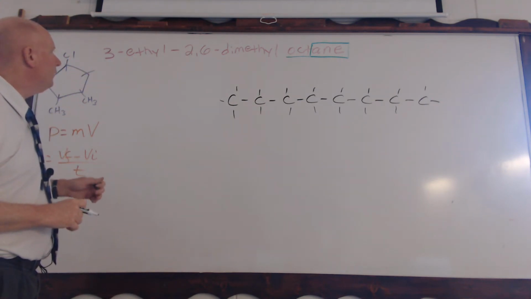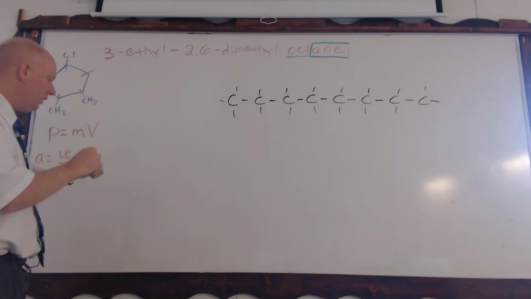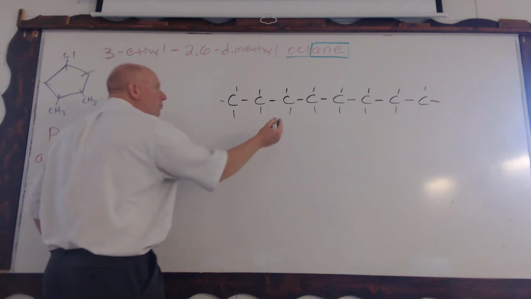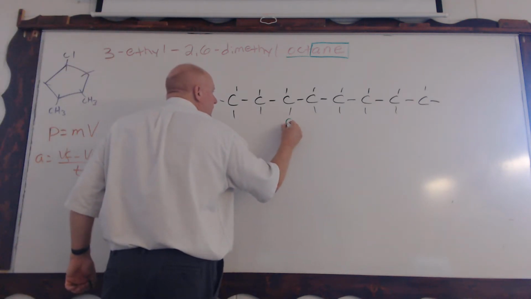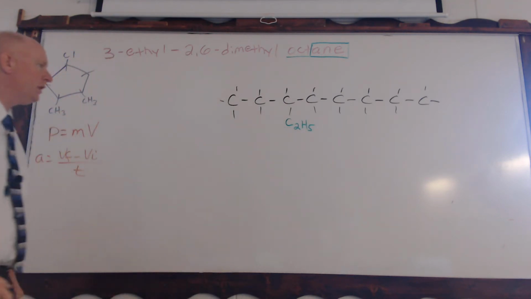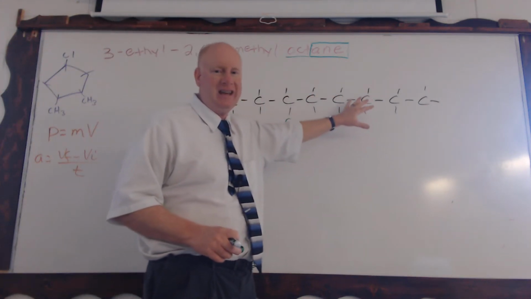So now we can start looking at here and work from left to right and say, all right, on our third carbon, we've got an ethyl group, which you can write as this, C2H5, okay? That's a molecular formula as opposed to this structural formula that we would see here.